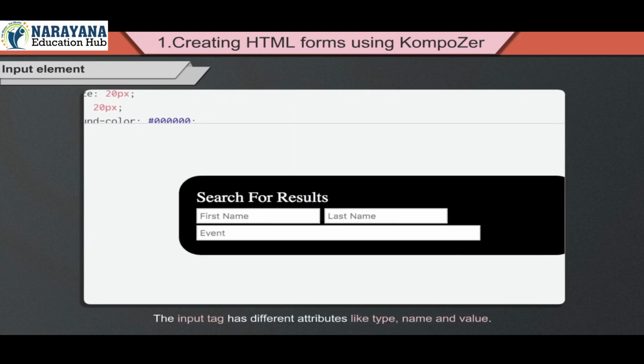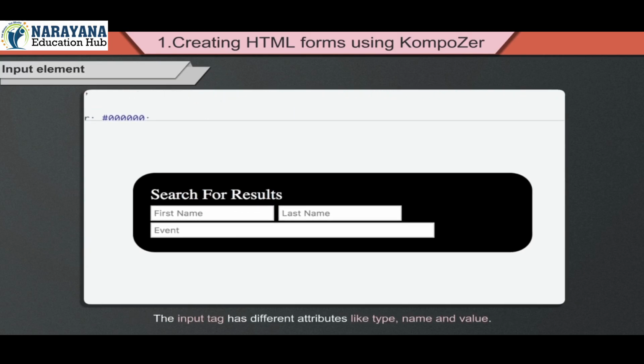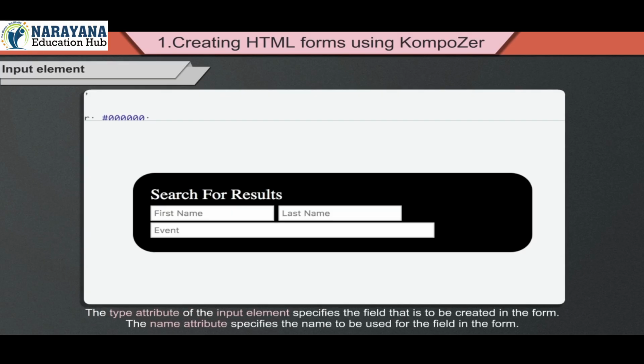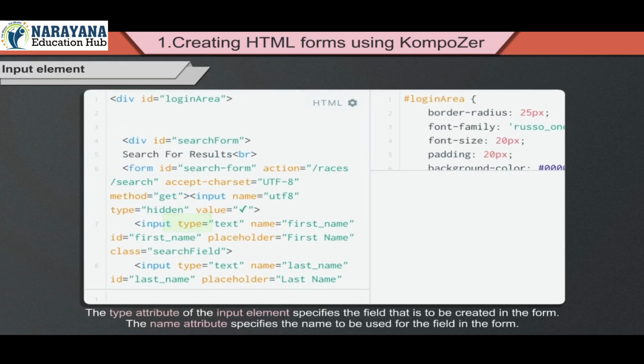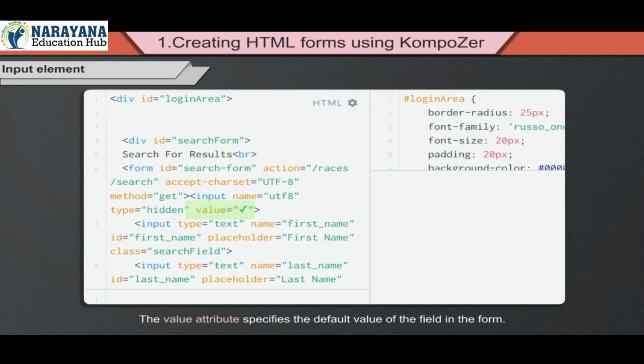The input tag has different attributes like type, name, and value. The type attribute of the input element specifies the field that is to be created in the form. The name attribute specifies the name to be used for the field in the form. The value attribute specifies the default value of the field in the form.